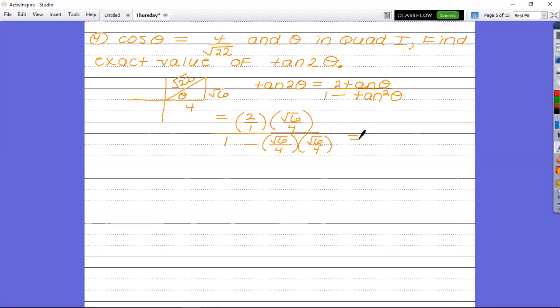So the 2 cancels with the 4 to give me a 2. So the top part is radical 6 over 2. And the bottom, if you type 1 minus the product of both of those fractions, that comes back as 10/16, and 10/16 reduces to 5/8.